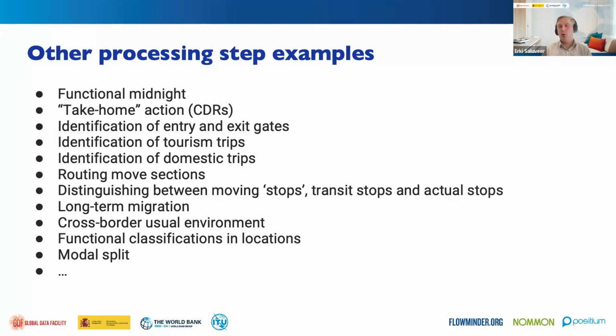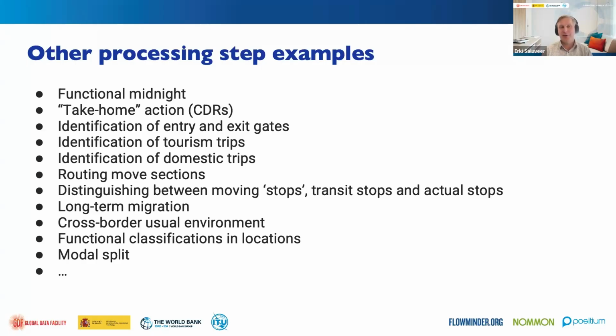When we talk about call detail records, because they are not happening that often, it's important to put people back home when, for example, the last call activity was within the city where they usually reside during the night. It is important to have methodologies to detect the trips, either domestic or tourist trips, if you want to do tourism statistics.